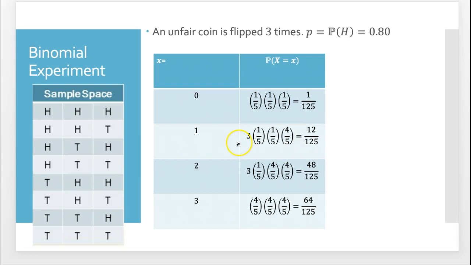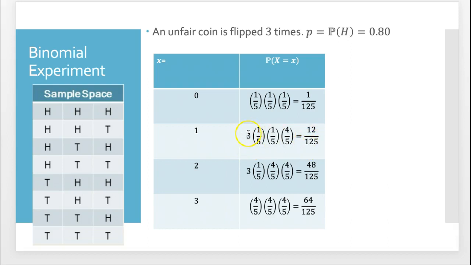Now here, we want to find the probability of getting 1 heads. So if it's 1 heads, then I get 80% times 20% times 20%, or 20% times 80% times 20%, or 20, 20, 80. But when you multiply, it doesn't matter which order you do it in, you're still going to get the same number. So I'm just doing 20% times 20% times 80%, and then I multiply that quantity by 3, because there are 3 ways that I can get 1 head out of the 3 coin flips.